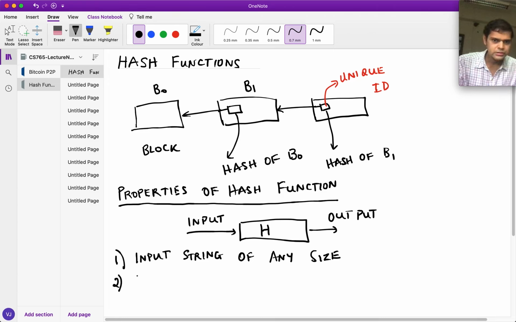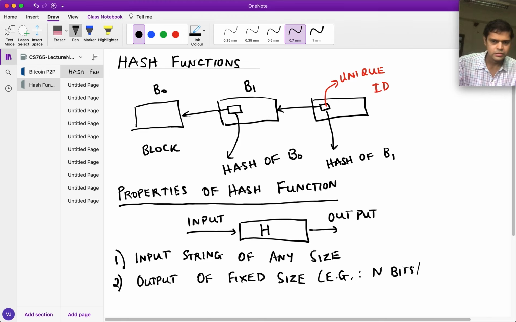Second, we want this hash function to have an output of fixed size, let's say some n bits. So input can have any number of bits, but the output has to have some fixed n bits.